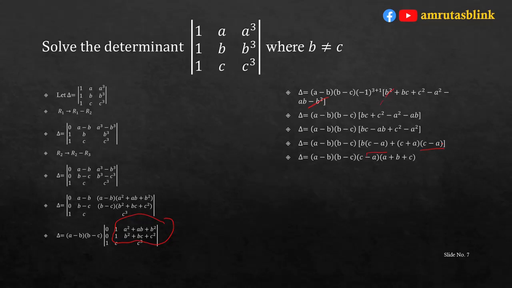So the value of this determinant delta, |1 a a³; 1 b b³; 1 c c³|, is equal to (a minus b) into (b minus c) into (c minus a) into (a plus b plus c). That is our final answer.